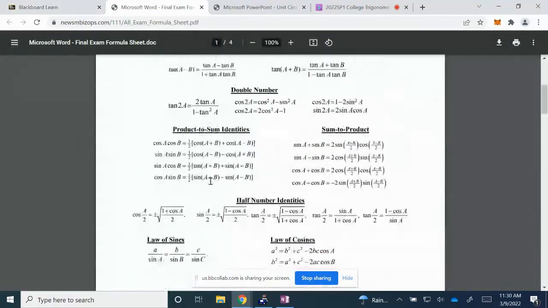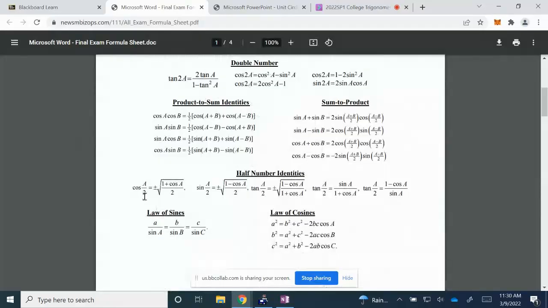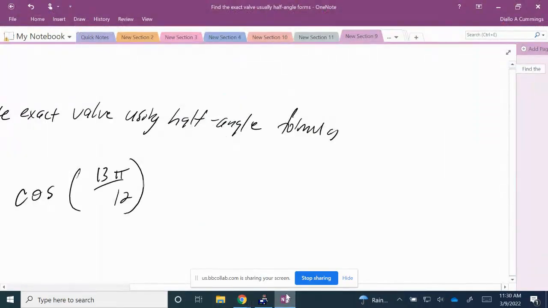All right, under our half number identities, we see here is the half angle for cosine, and it says that the cosine of A over 2 is equal to plus or minus the square root of 1 plus cosine A divided by 2. So that's the formula that we're going to use.